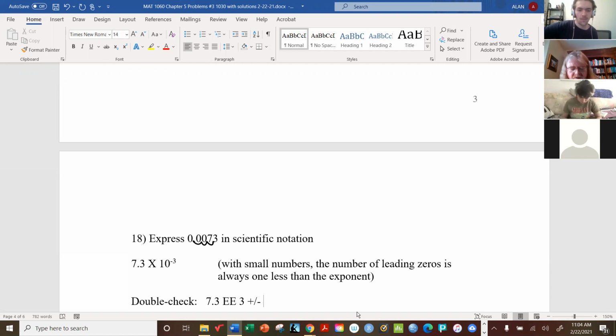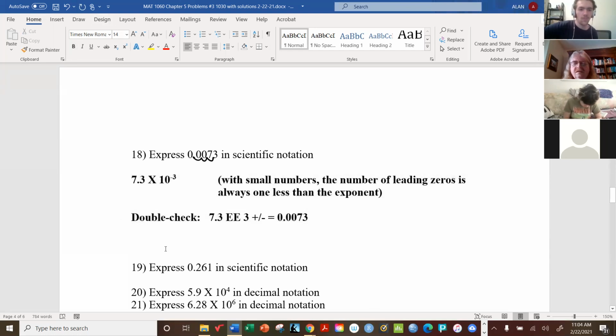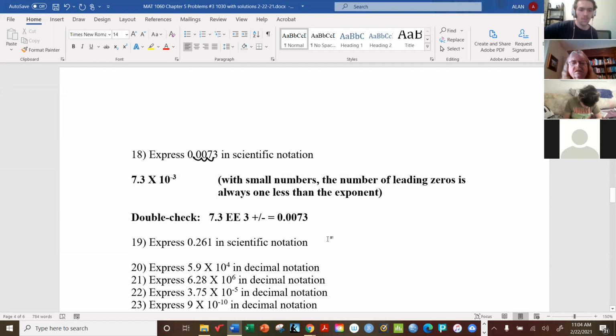If you type in 7.3 double E 3 negative equals, oh, don't forget the equals, and you'll get 0.0073. Beautiful.